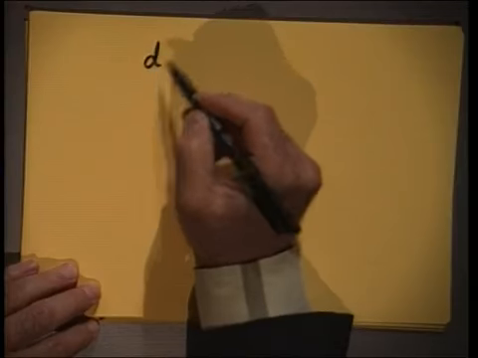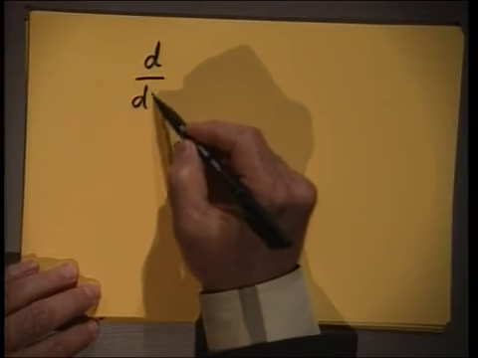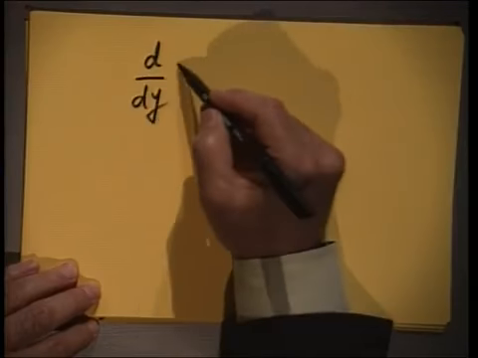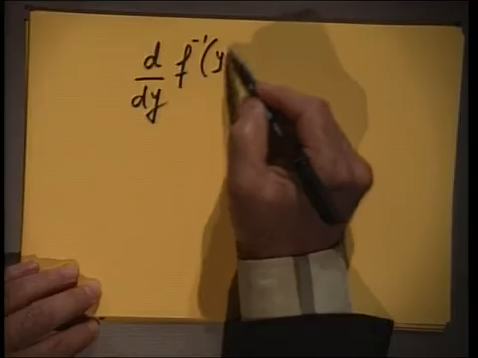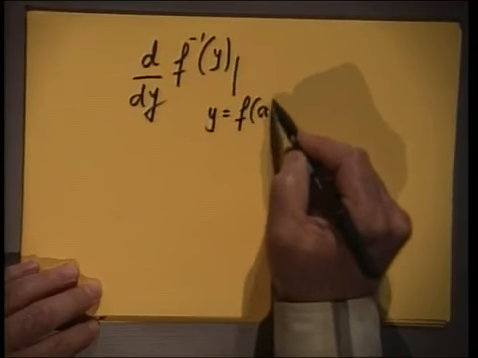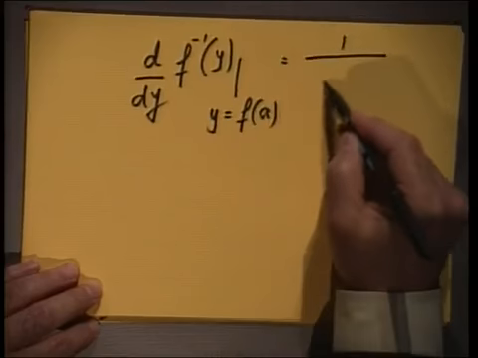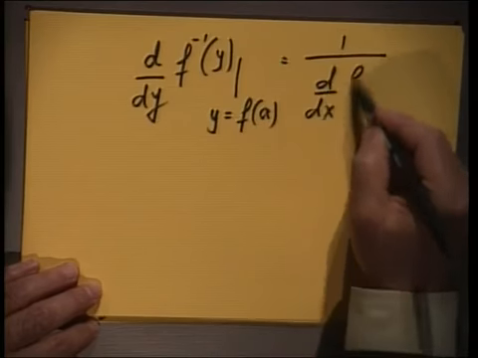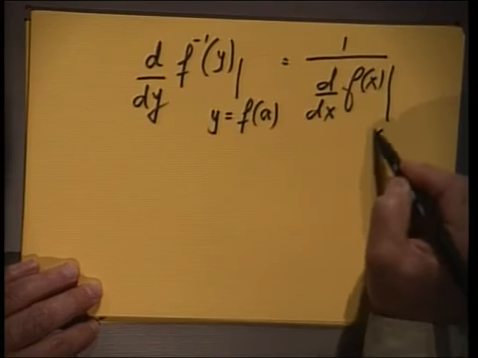Now for the derivative of the inverse function, there is a theorem which relates the derivative of f minus 1 with the derivative of f in this form. It states that d by dy of f minus 1 of y at some y equal to f of a is equal to 1 over d by dx of f of x at the point x is equal to a.